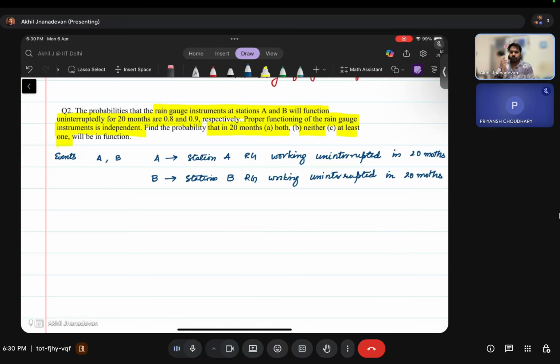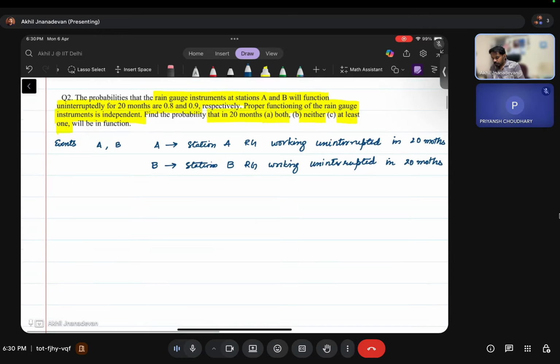We have defined the events, which is the very first step. Now we can write the probabilities: P of A, the probability that A will function for 20 months without any failure, is 0.8, and P of B is 0.9.